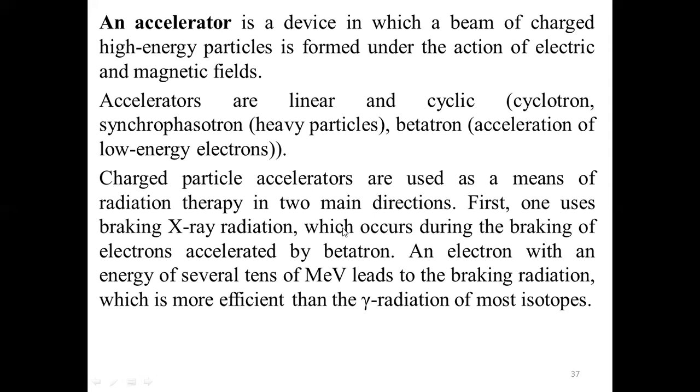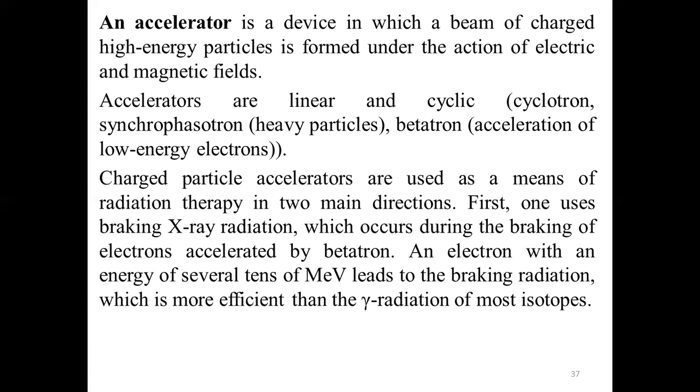For example, cyclotron and synchrotron for heavy particles, betatron for acceleration of low energy electrons. Charged particle accelerators can be used as means of radiation therapy in two main directions. First, we can use bremsstrahlung radiation, which occurs during the braking of electrons accelerated by betatron.